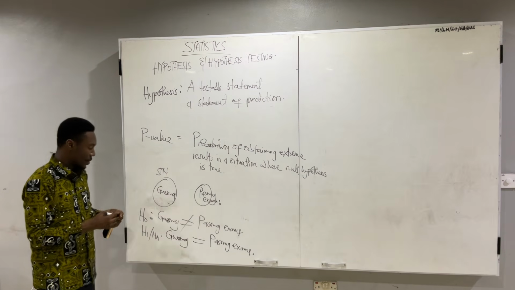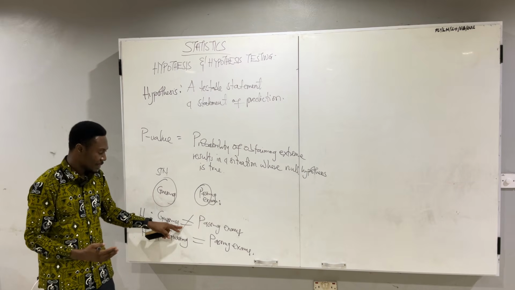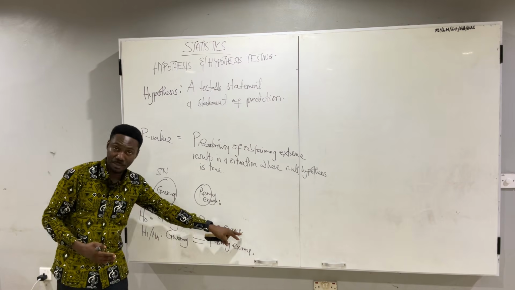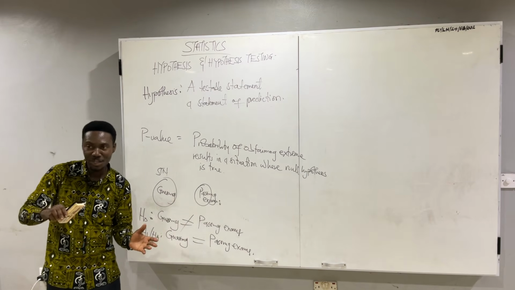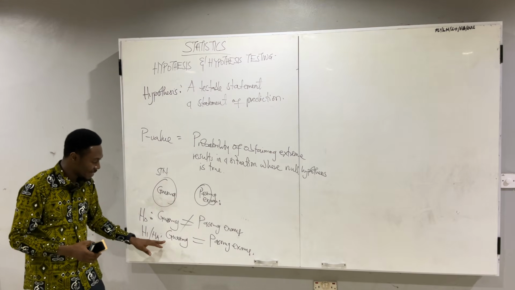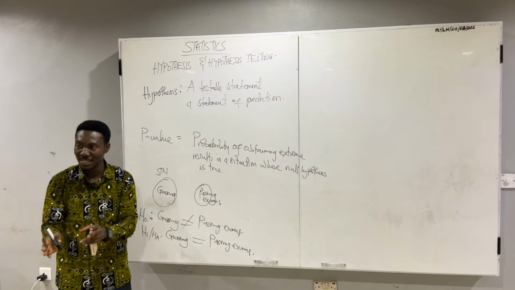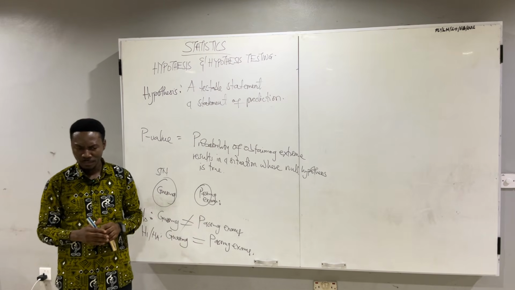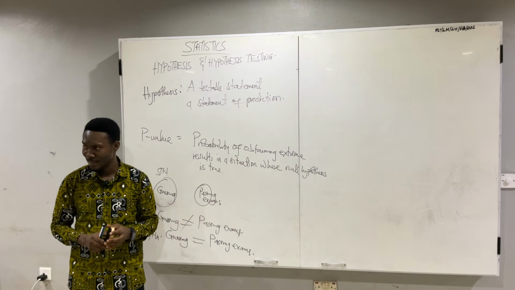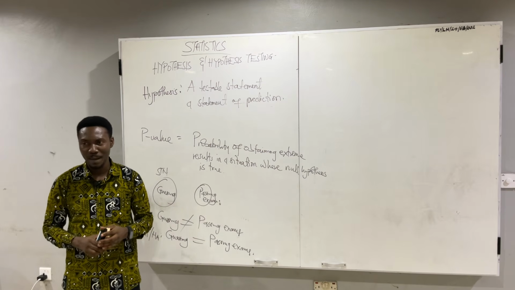So you see, we have the null hypothesis. It's telling us guessing is not equal to passing exams, meaning there is no relationship between guessing and passing exams. Now, the alternative hypothesis is saying guessing is equal to passing exams, meaning there is a relationship between guessing and passing. But let's ask ourselves, if you are writing exams and someone is guessing, is there a possibility the person will pass the exams?